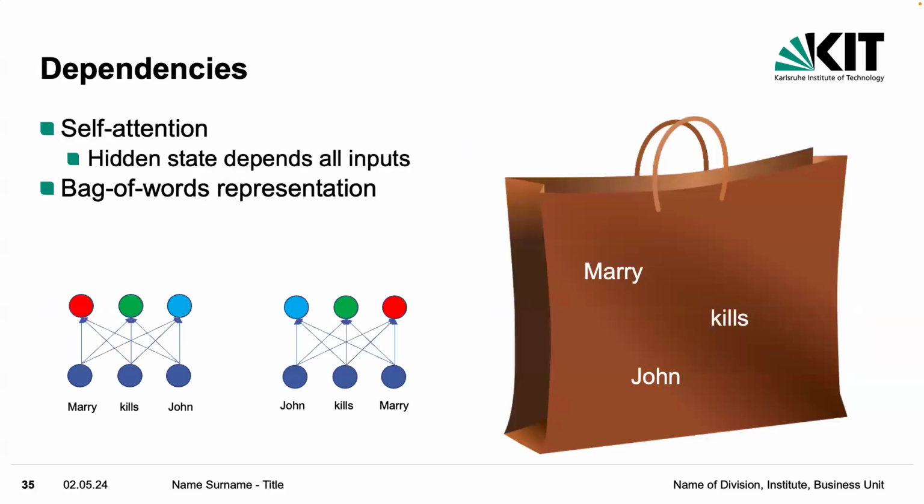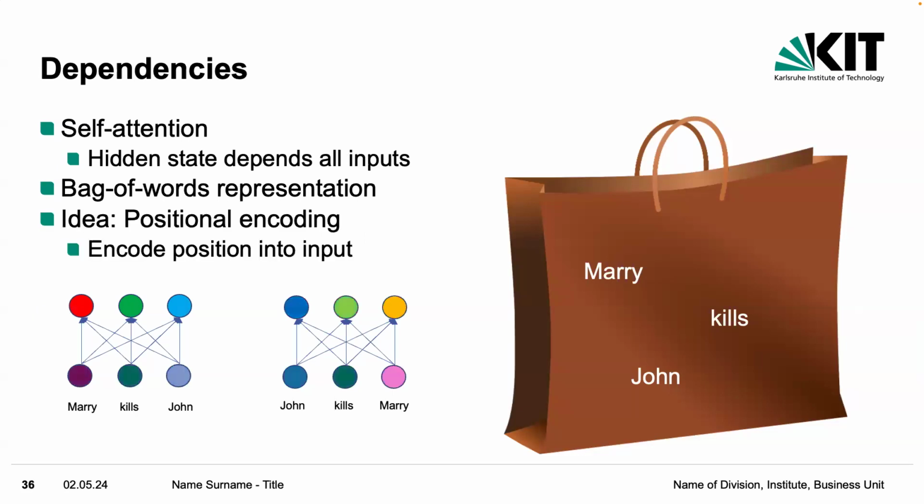So what to do? The interesting thing in the transformer is that the idea is not, oh, we have to somehow adapt our architecture and change it so that it's positionally aware. At least that's not the basic idea. The first idea is, okay, if we can't handle it, let's try to handle it before. And that is what is known as positional encoding.